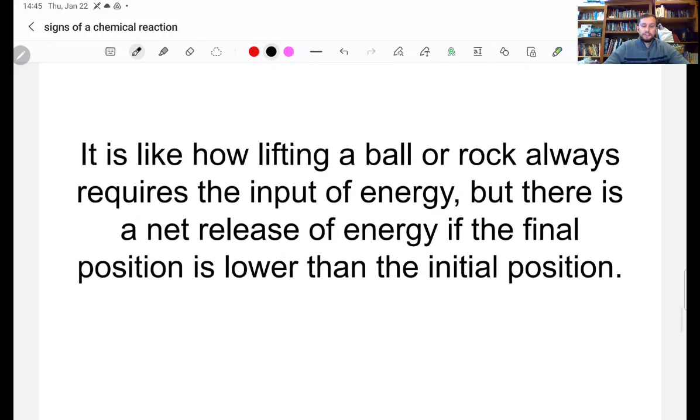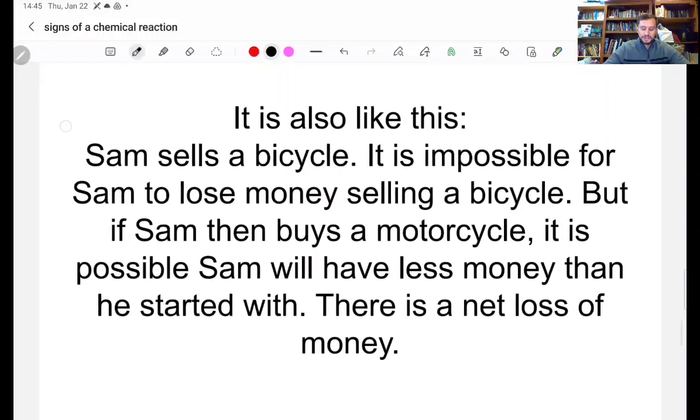It is like how lifting a ball or rock always requires the input of energy, but there is a net release of energy if the final position is lower than the initial position. It is also like this. Sam sells a bicycle. It is impossible for Sam to lose money selling a bicycle.